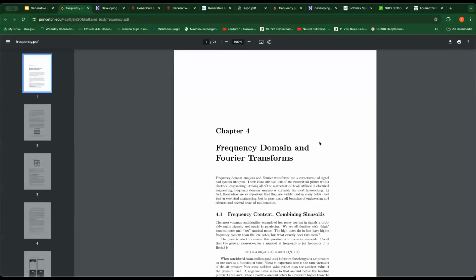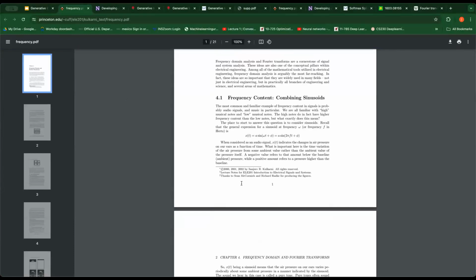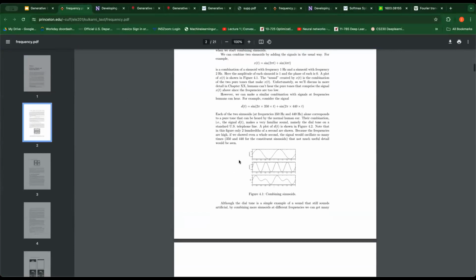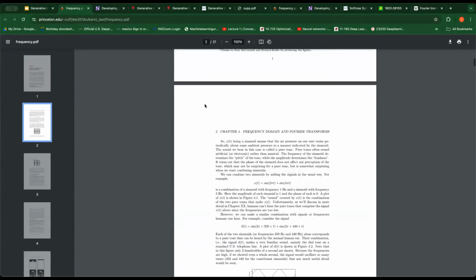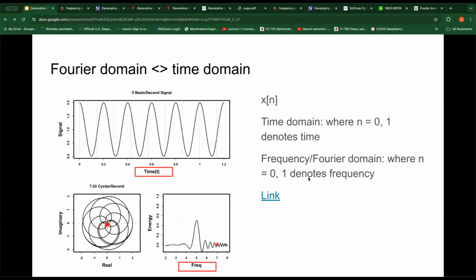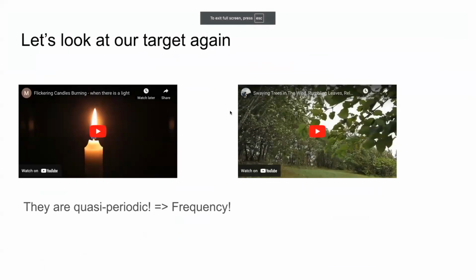The basic idea here is that when we model these motions, we interpret them as a combination of waves, and all these waves have their frequency. It might remind you of some patterns we observed from our target. For example, the candle and the swaying share in common that they are quasi-periodic.